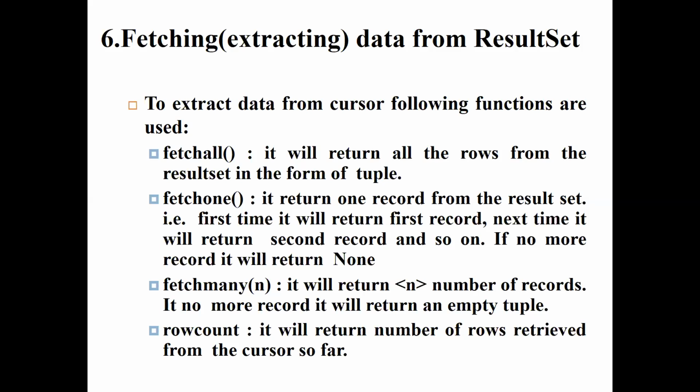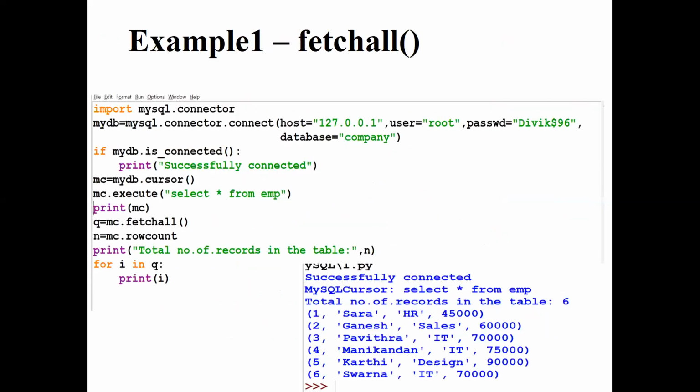From that result, to view the information, you have to use the fetch all, fetch one, or fetch many function to display it on your Python screen. And once you do all those things, you have to clean up the environment. So this is the example that is given.